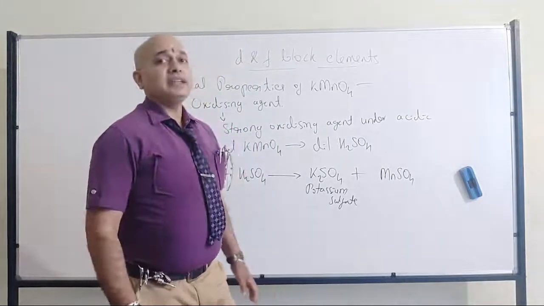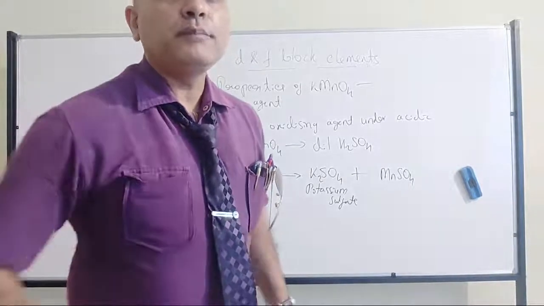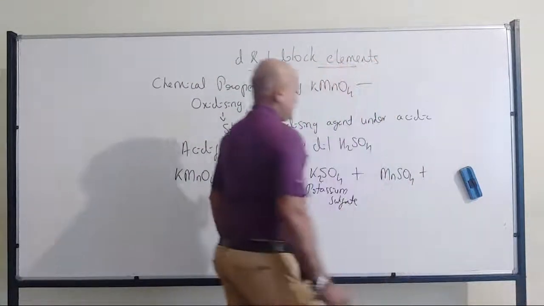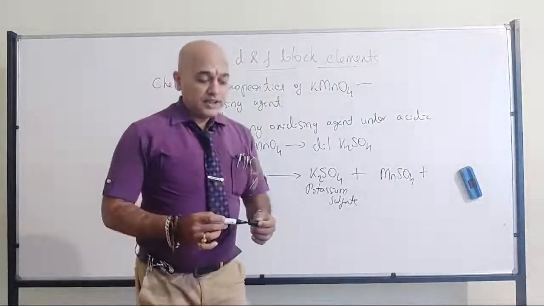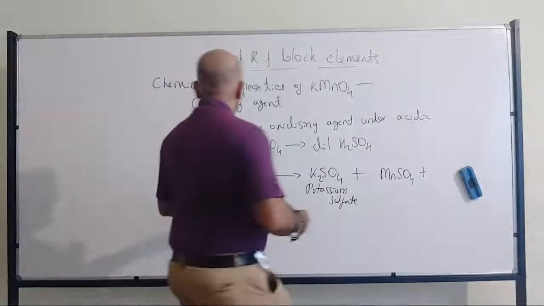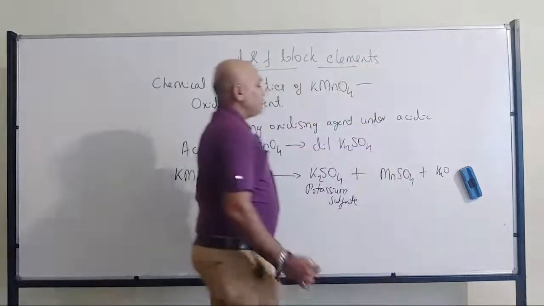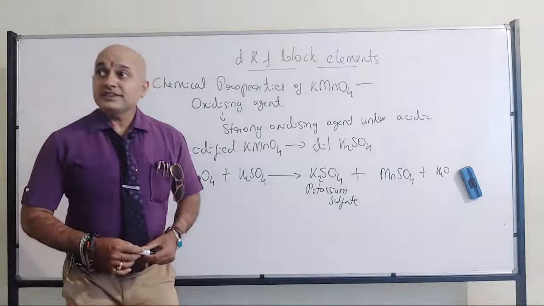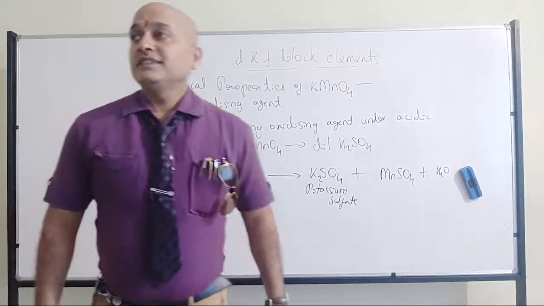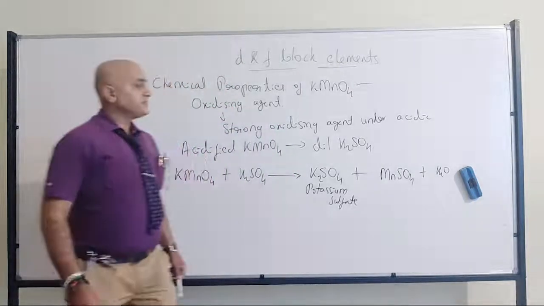It should be MnSO4 because one manganese itself will have the 2 positive charge. So that's where we have the manganese sulfate. Any other product? Water. Because hydrogen is here, but on the right hand side there is no hydrogen, water. Any other product? Because a similar reaction we have discussed with potassium dichromate.